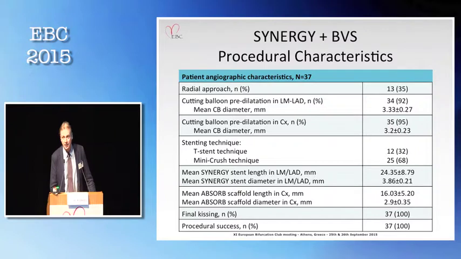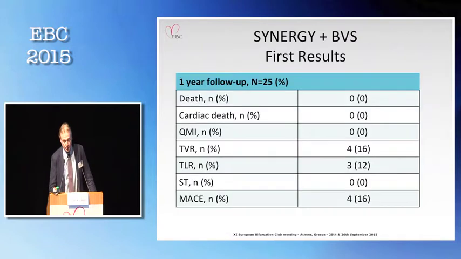Of course, I don't think it is a real definition, because it is a question of how we can call this, and you should remember that it is of course not like a regular 2-stent technique. Synergy plus BVS: if you look at 1-year follow-up, there are 25 patients.